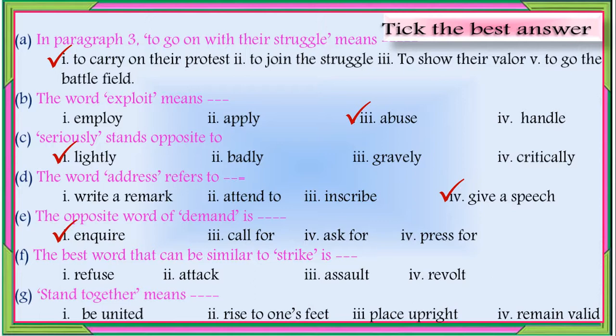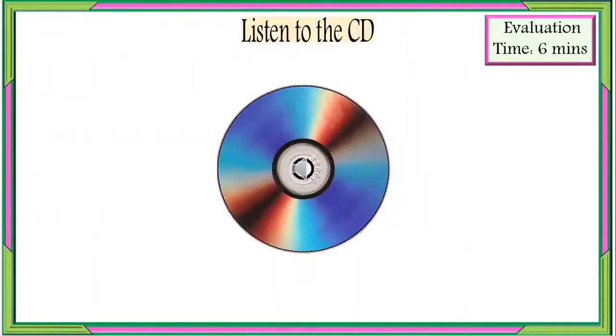F. The best word that can be similar to a strike is revolt. And last question, stand together means? Stand together means? Yes, you are right. Be united. Dear student, I hope you will practice more and more MCQ question at home.